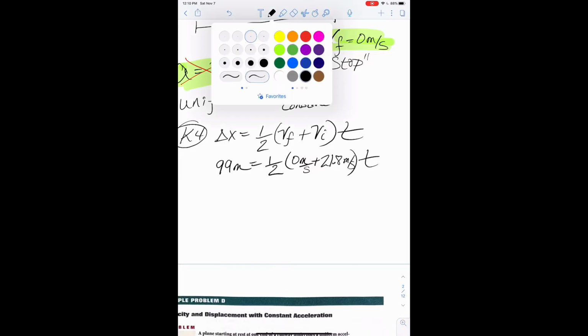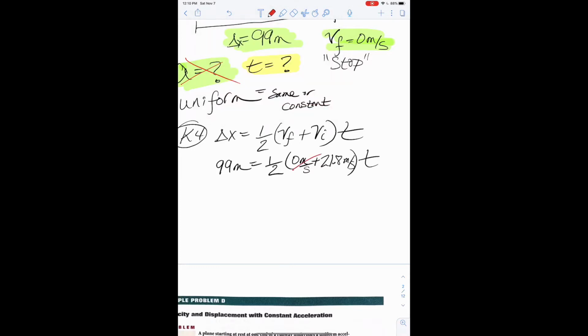So we really don't have to worry about that 0 there. Half of 21.8. What is that? It's 10.9. Jeez. 10.9. Okay. So we're going to multiply that 10.9 by t and get 99 meters.